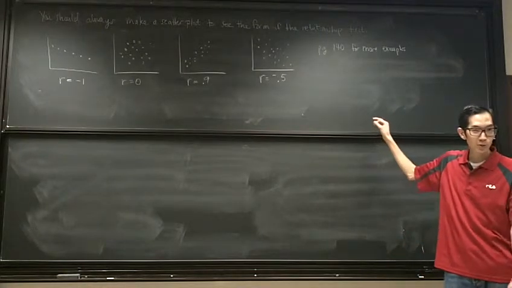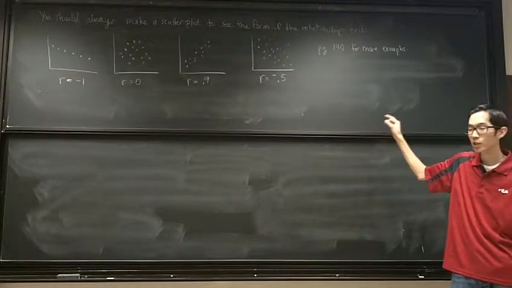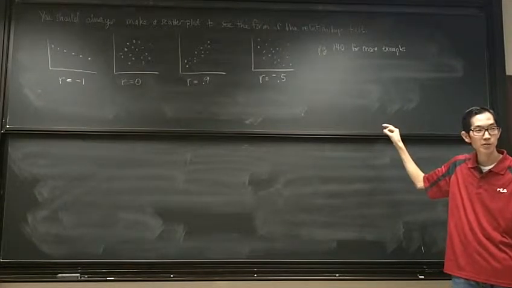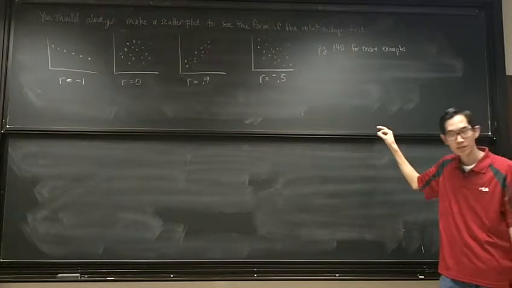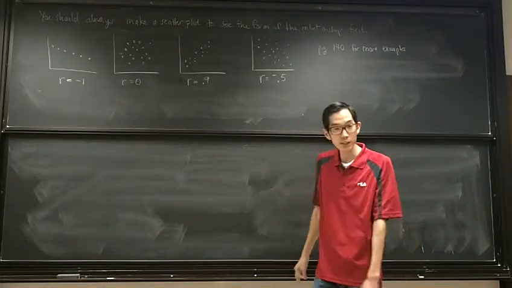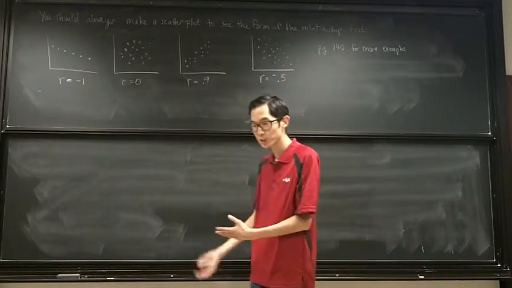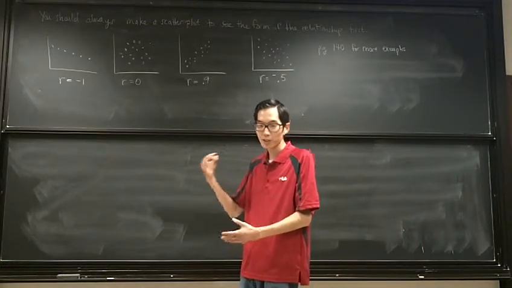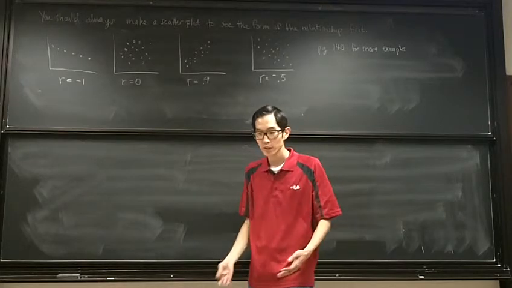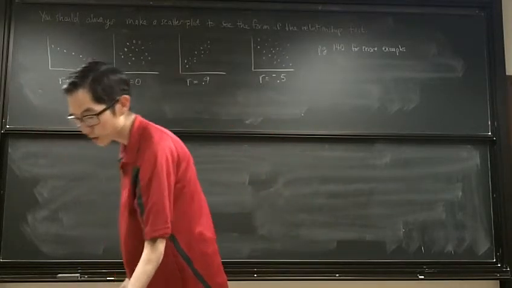Okay, but before we use the correlation coefficient, what must we do? Draw a scatter plot and see if it's linear or not. Okay? So number one thing, before you use the correlation coefficient, create a scatter plot and check if it's linear or not. Okay, that's the number one step.